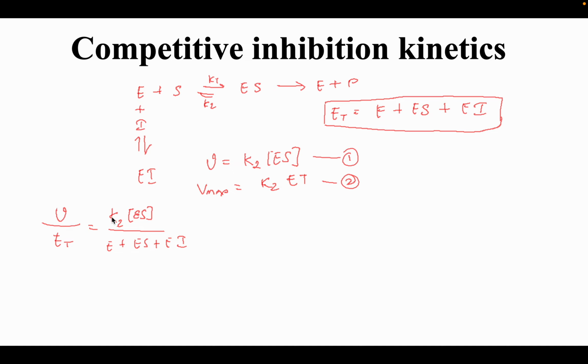So if we bring this here in the denominator, the K2 ET from equation 2 is Vmax, so we can directly write V0, initial velocity, upon Vmax is equal to, and let's substitute ES also.